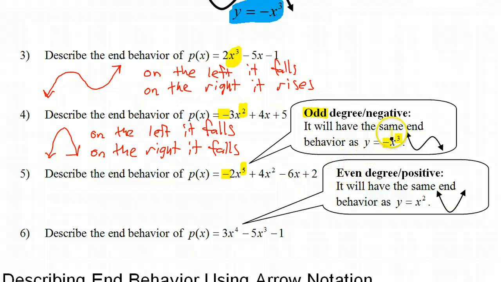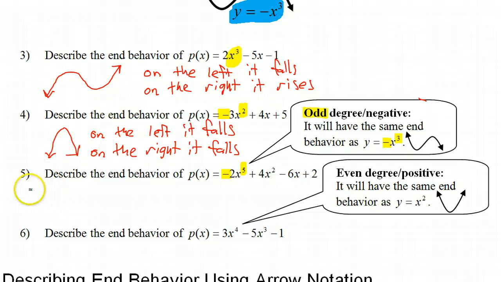Now we learned that a cubic function has end behavior like an n. It works like a capital N. And if it's negative, it's going to be like an upside down n. So in your mind, you should be picturing an upside down n. And obviously, if you make that upside down n a little more curvy, then you've got a function to play around with. So that's the idea.